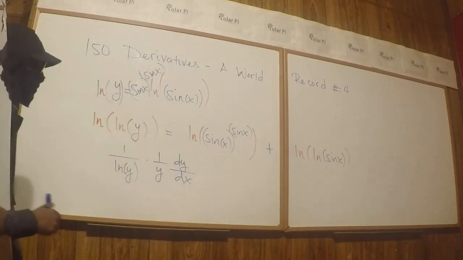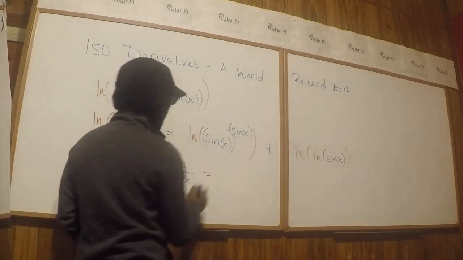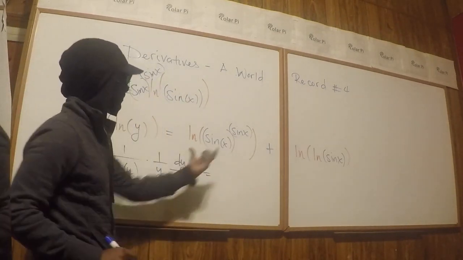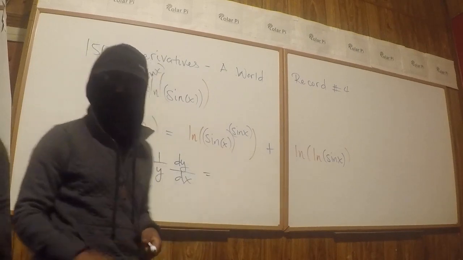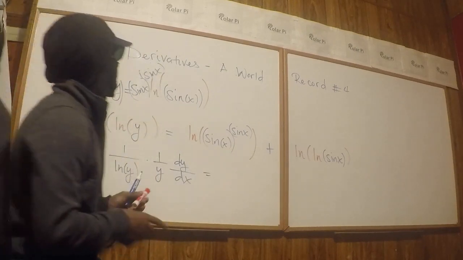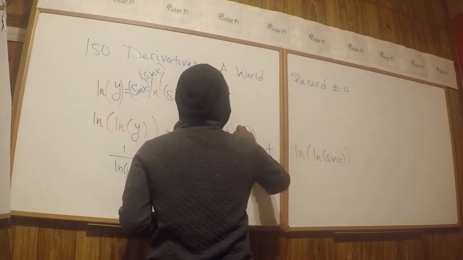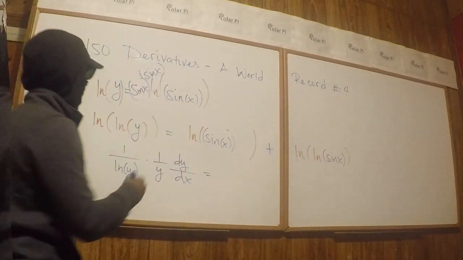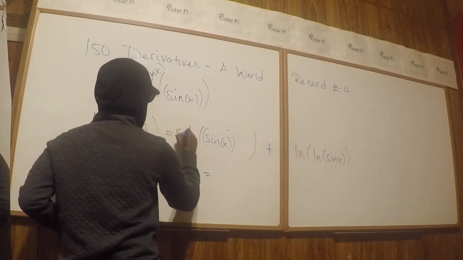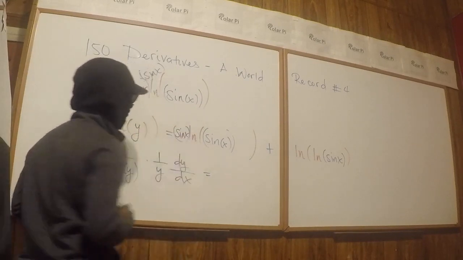On the right-hand side, first, we can once again use the log power rule in this part, so I could get rid of this exponent, and it's going to be sine x right here.